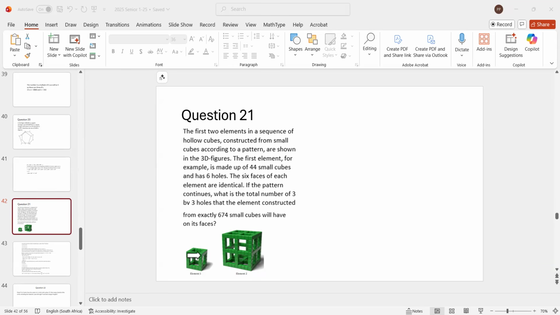So in figure 1, let's just analyze figure 1. That itself is rather complicated. Figure 1. Okay, you've got 6 holes.